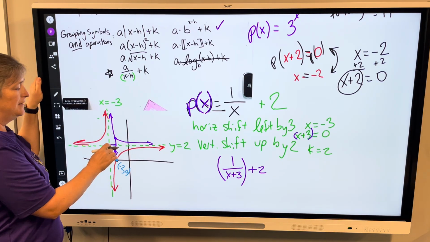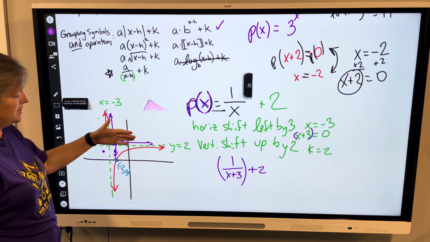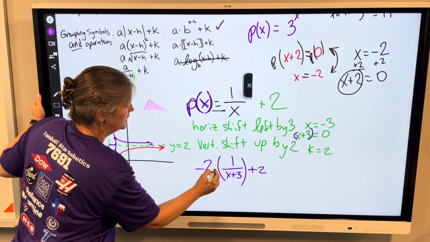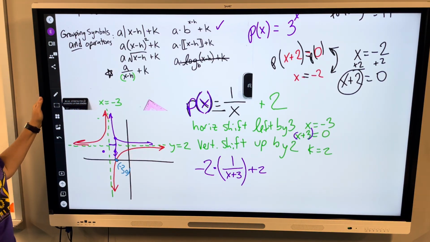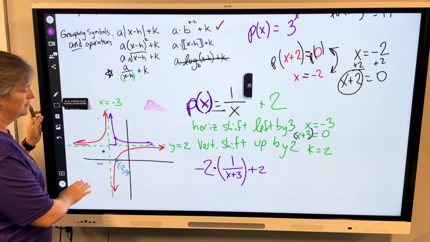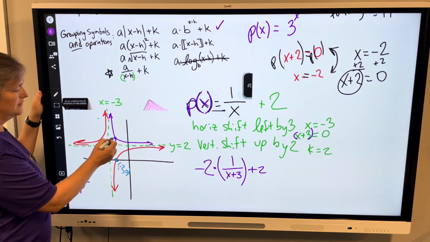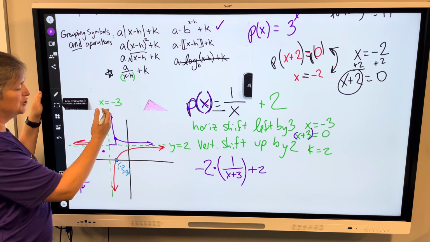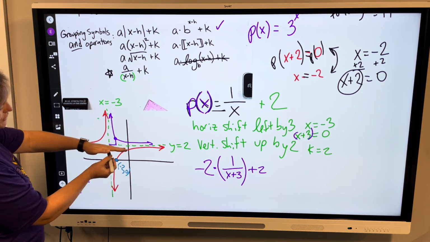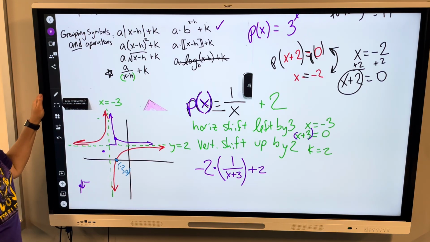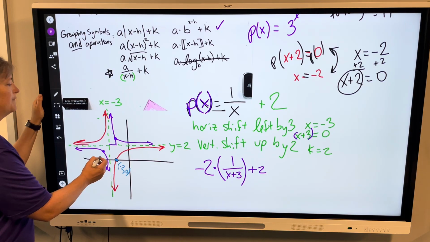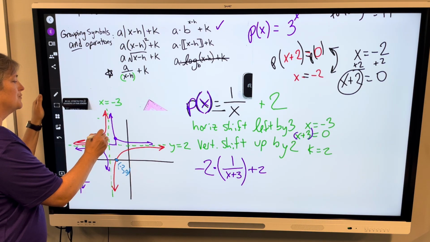So I believe we've figured out that we have a negative times 2. A negative 2 times my function will take this original parent. Let me get rid of all this stuff. It'll take this parent that had been shifted and reflect it, that's the negative, and then stretch it down so that this point falls on negative 2. This part will do the same. It will reflect up to here and then stretch up to here.